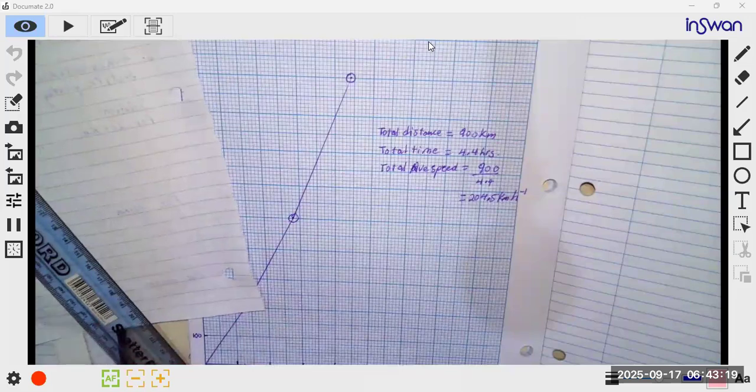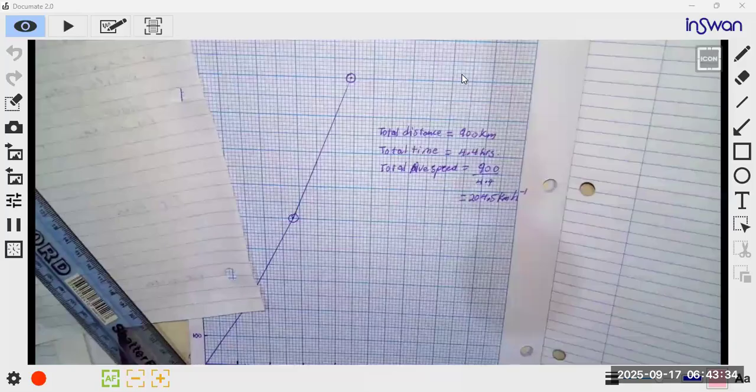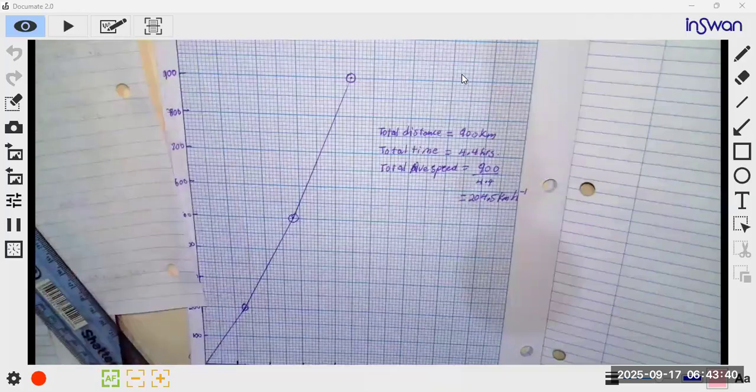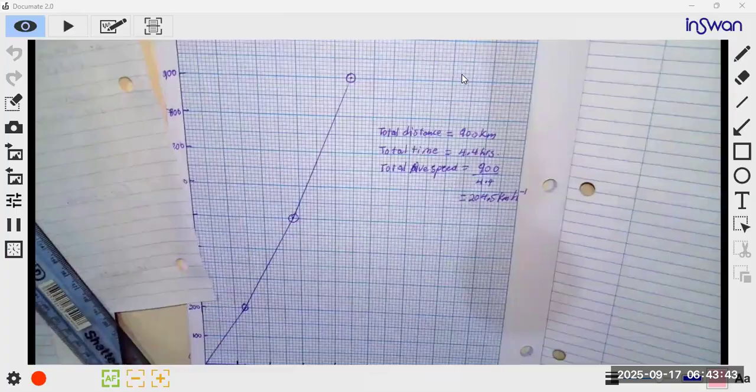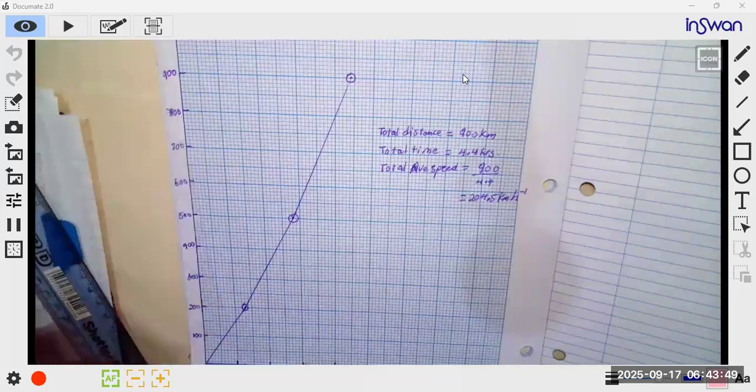Understand? So this is what we will do with the whole entire thing. Any questions? So any questions concerning that? Yes or no? No, miss. All right. And that's how we do the questions. So that's exactly what you do in order to find the distance time graph.